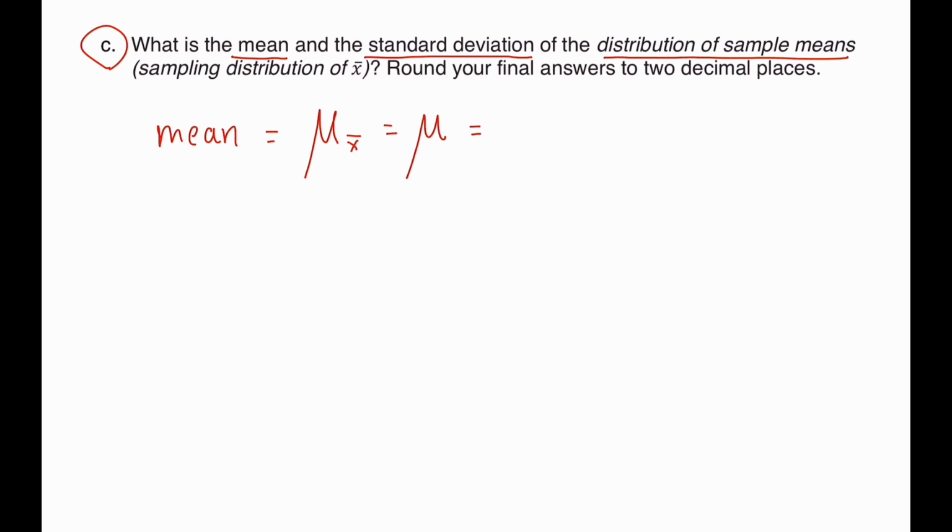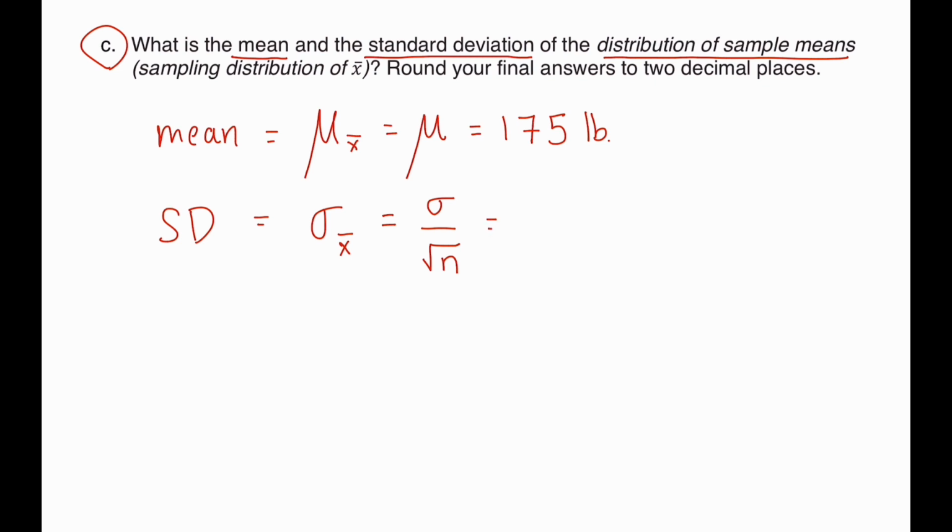So the mean weight of the adult males is 175 pounds, and the mean of the sample means is also 175 pounds. For the standard deviation, the notation is sigma sub x bar.